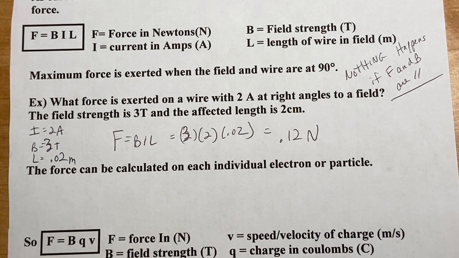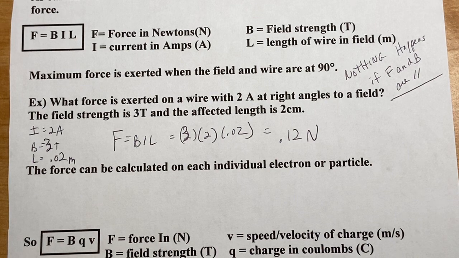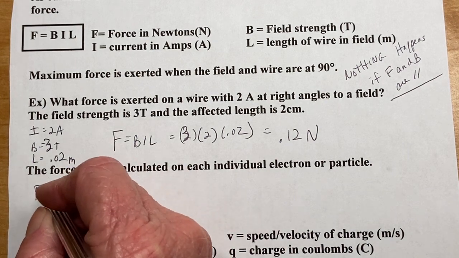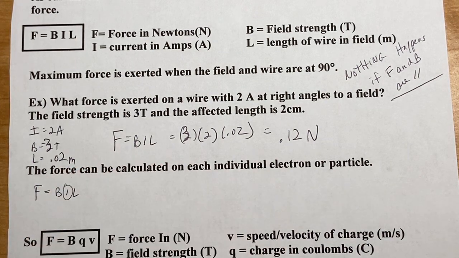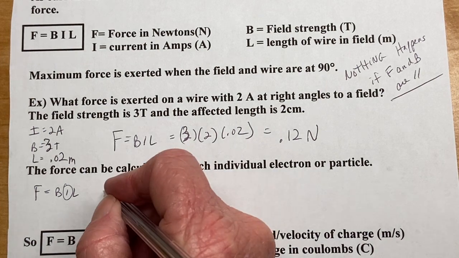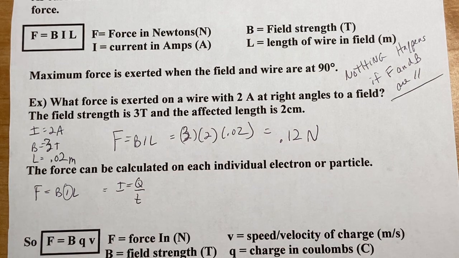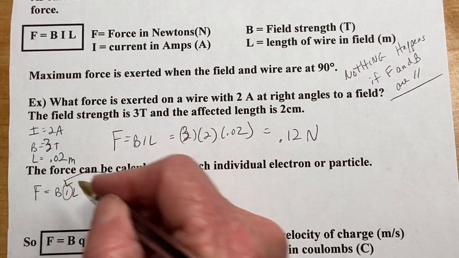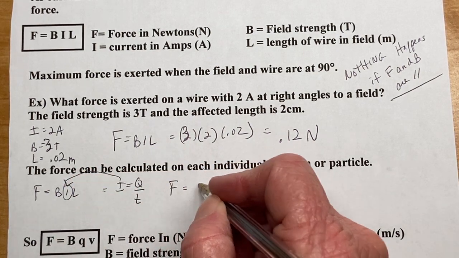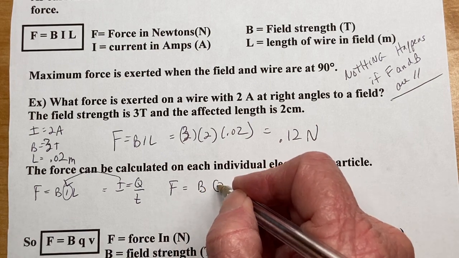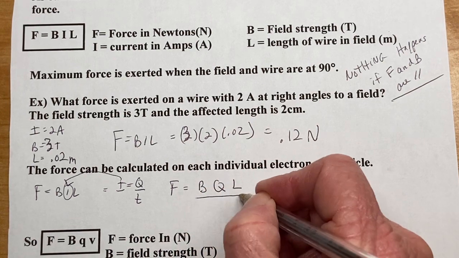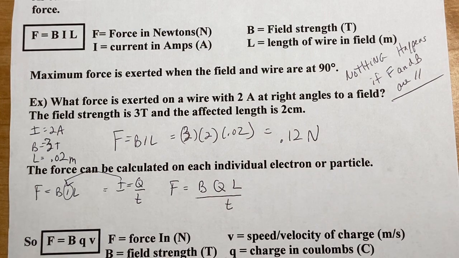So what's really going on inside wires? It's electrons, it's charges moving. So I want you to think of it like this. Force equals BIL. Well, the definition of current, back from electricity, I equals Q over t. So I'm going to substitute that in there, so I'm going to have F equals BQL over t.